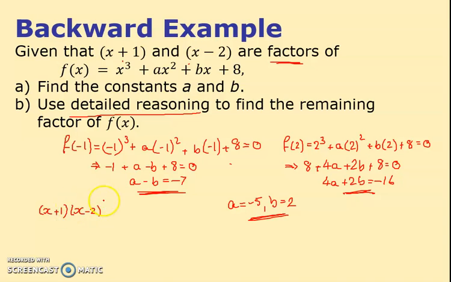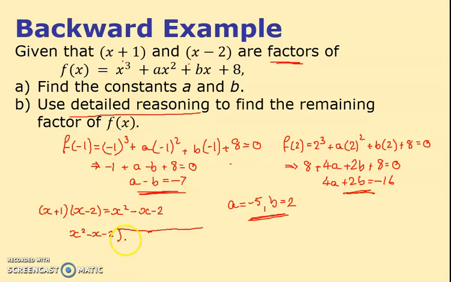What I'm looking for is the third factor, and I can't do that until I've worked out what these multiply together. And you quickly see, when you multiply those together, x squared minus x minus 2. Why is this important? Because I've now got to do some long division. I've got to do x squared minus x minus 2, and I'm dividing it into the original function to see what I'm left with.